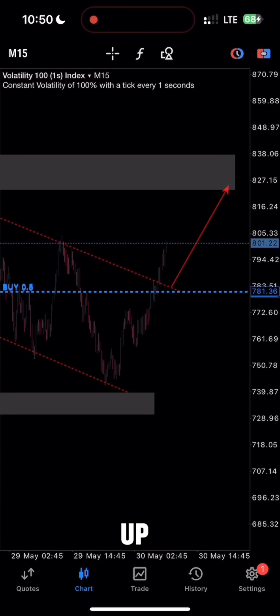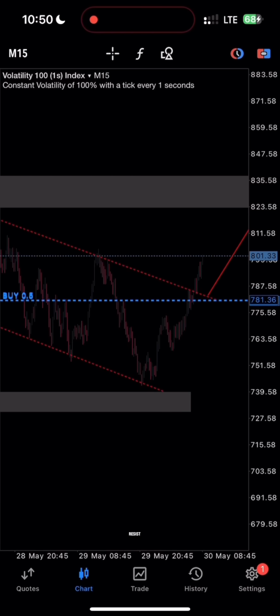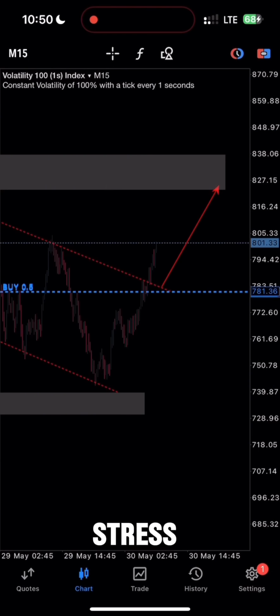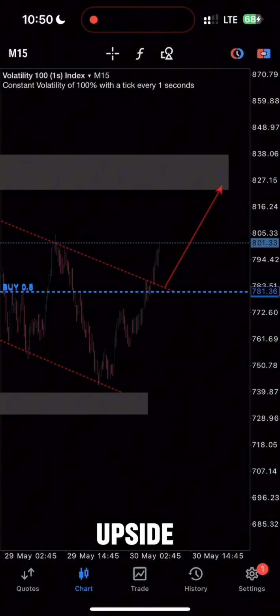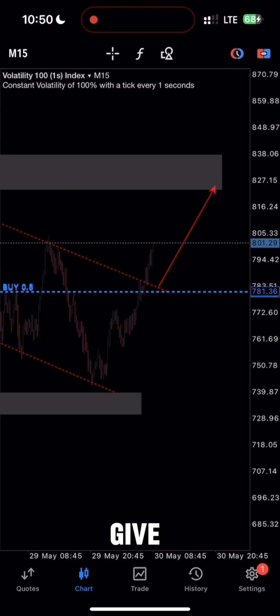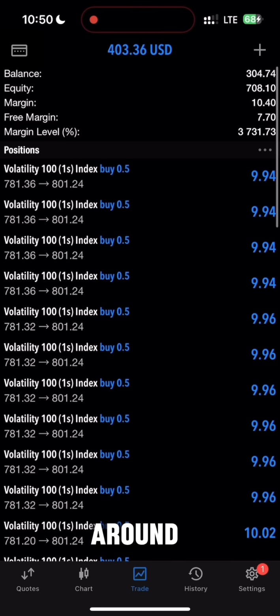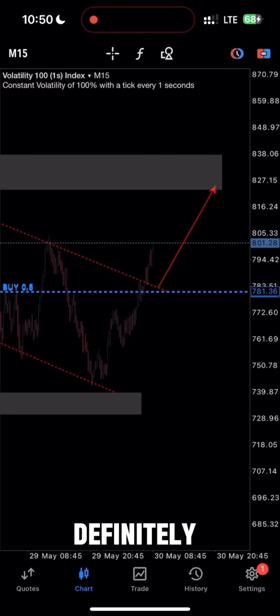So we are going up. It didn't even resist that much or retrace, so that's good. So we are waiting for it to go to the up region, to the region on the upside there. That will give us a little bit more money. In my usual days, I usually just get out there, but for learning's purpose, I will stick around and show you that it will definitely go.